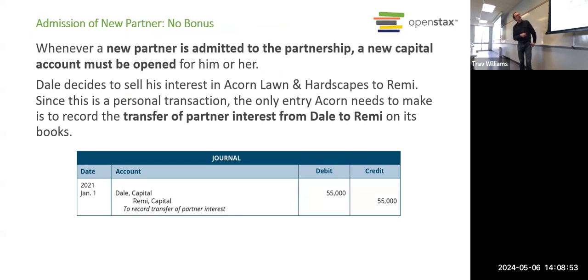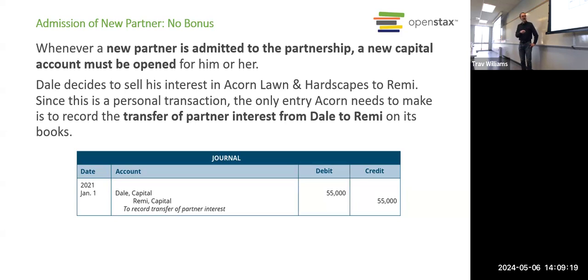Okay, so here's one example. In this case, it's a transfer from one partner to the other. So Remy is the new partner, Dale is the old partner. Who was it? Dale and Ciara, right? So maybe Ciara and Dale got into a fight, and Ciara kicked Dale out of the company, and Remy came in to take his place.